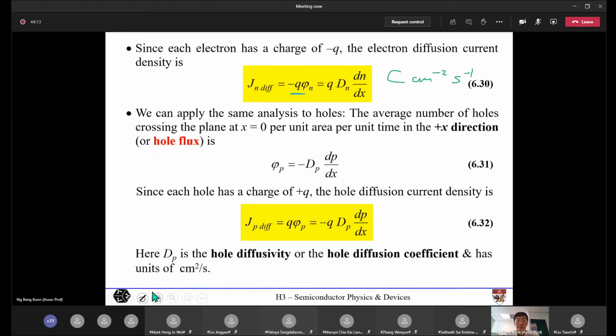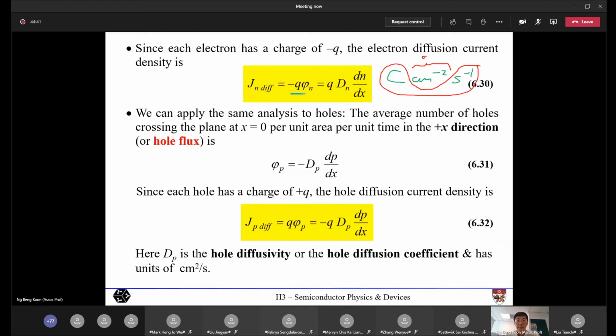So charge per unit time is essentially your current. Coulomb per second is essentially your ampere. In other words, this quantity that we're calculating is ampere per unit area.